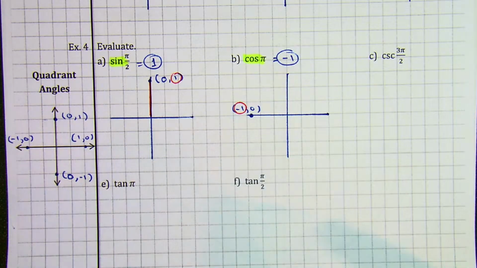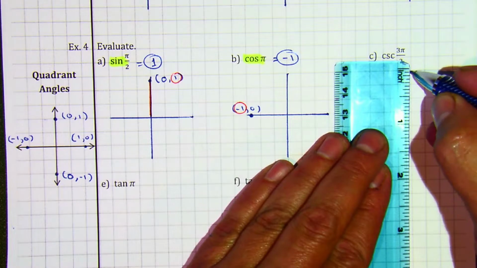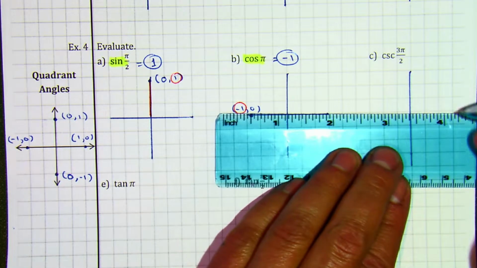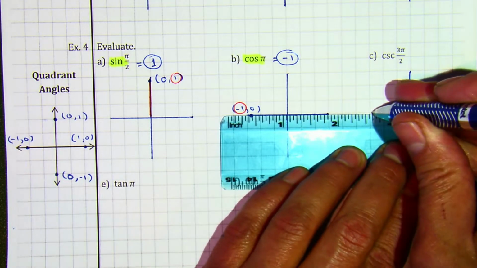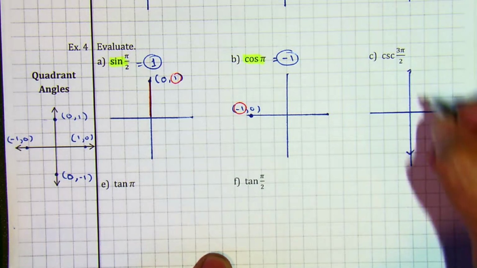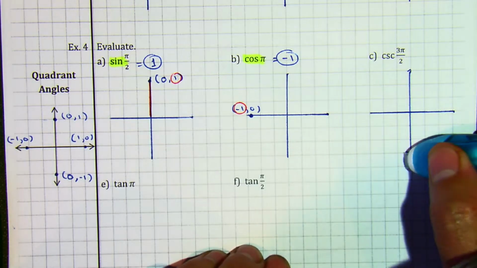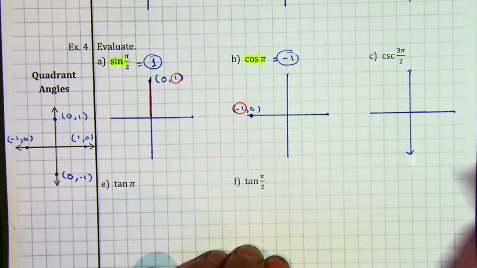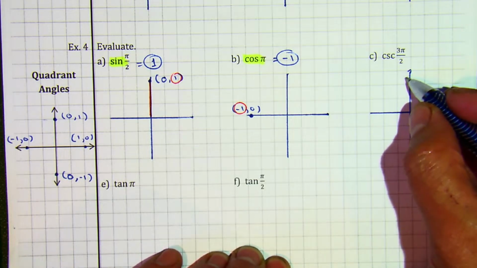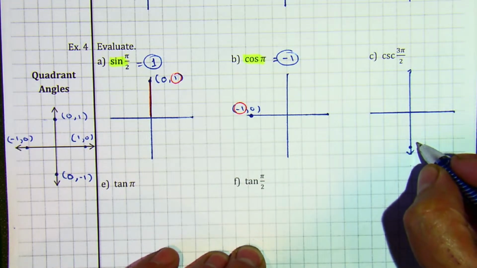Cosecant. We know that cosecant is the reciprocal of sine. So therefore, I'm going to place my x and y axis. I'm going to find sine, and then I'm going to take the reciprocal to find my cosecant. So cosecant of 3 pi over 2, that's 1, 1/2, 2/2, this is 3/2, is located here.